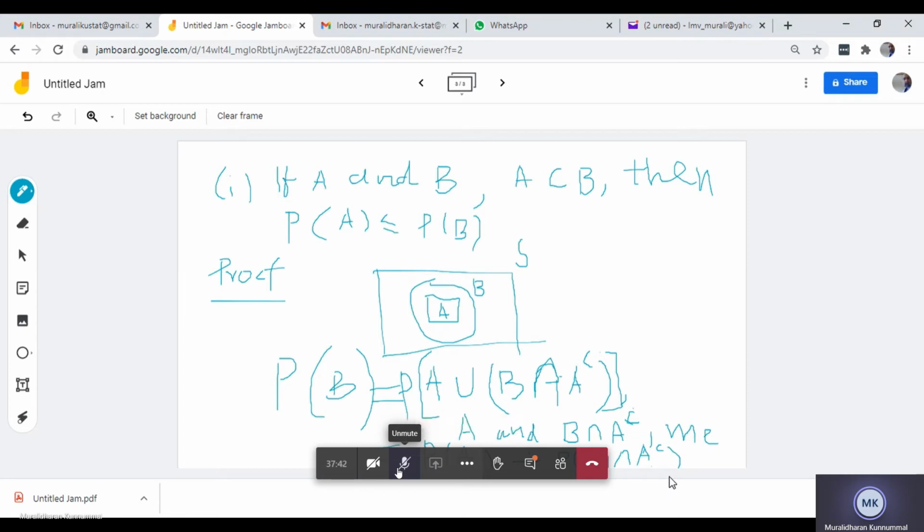So what is the meaning of this? P of B is actually equal to P of A plus P of B intersection A complement.